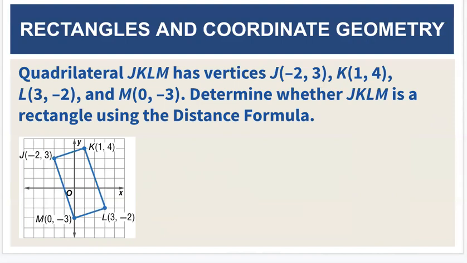So we're going to use the distance formula and do what? Find the distance of what? That's going to help us to know that JKLM is a rectangle.